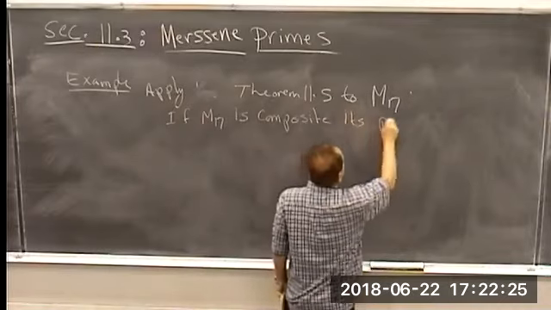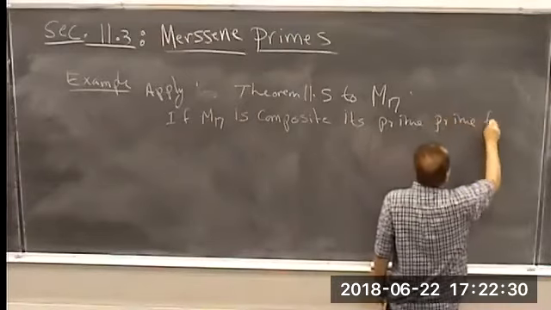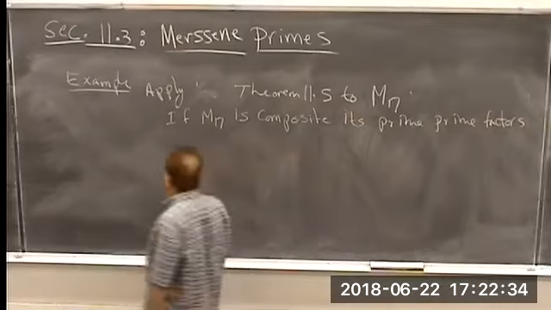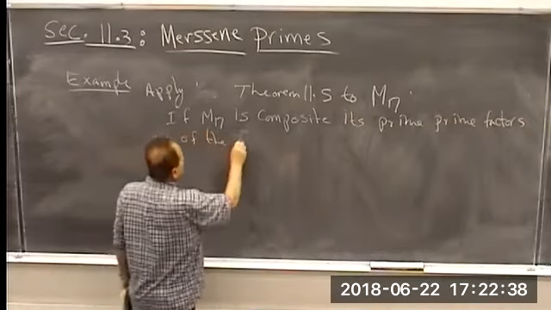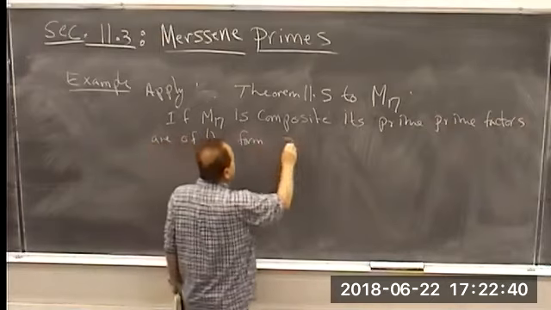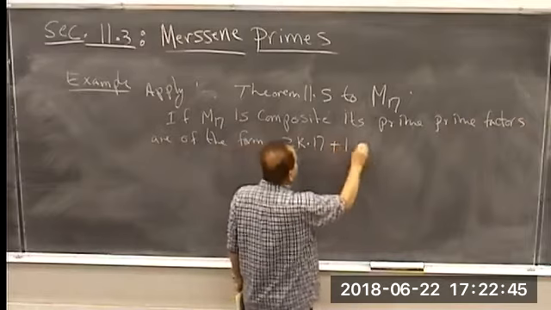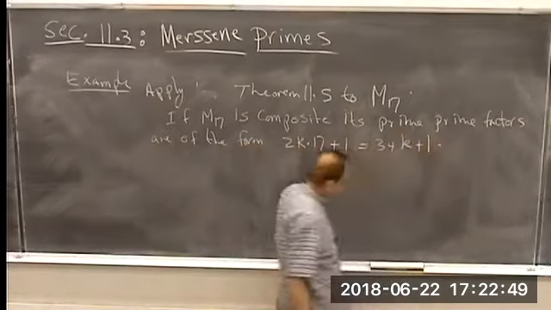Its prime factors, by the theorem, have this form, of the form 2K multiplied by 17 plus 1, or 34K plus 1.